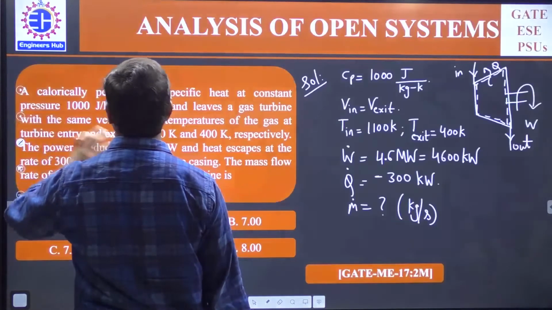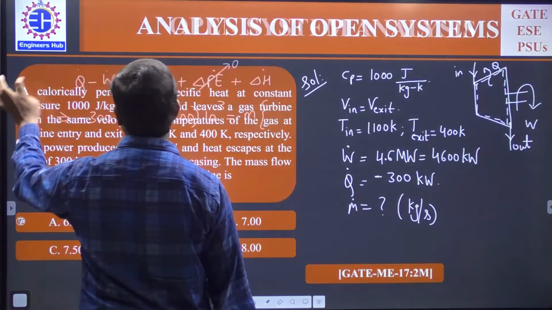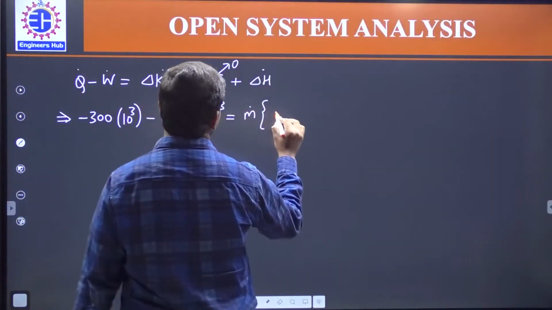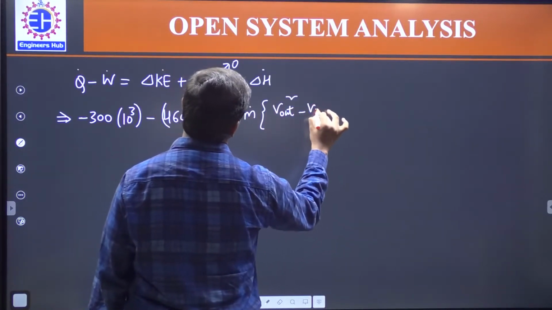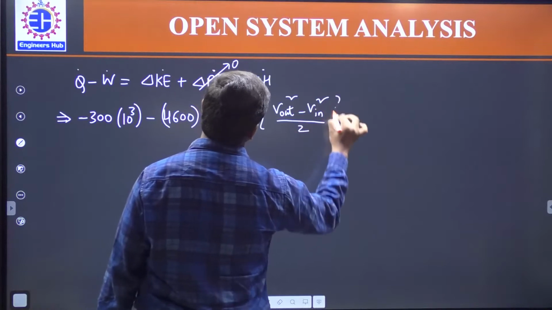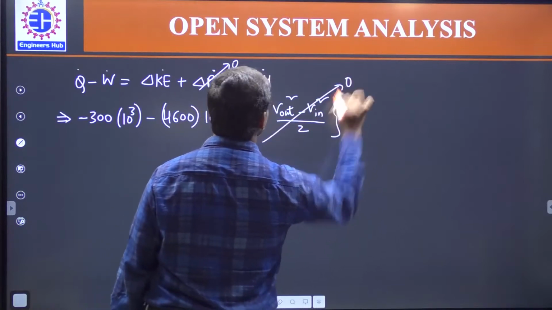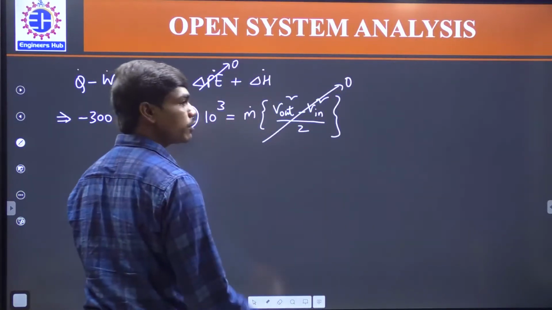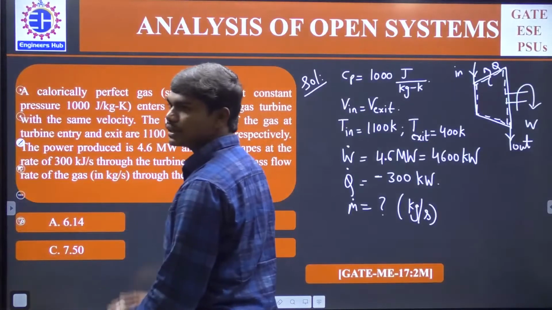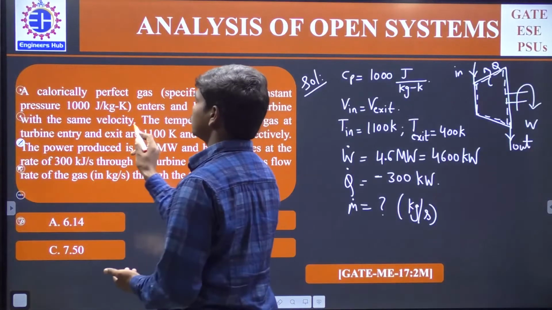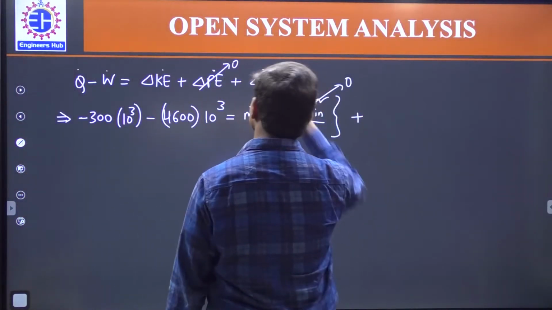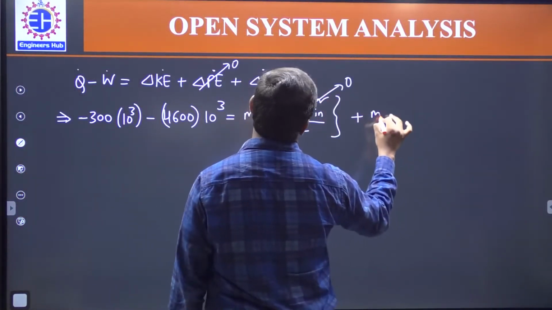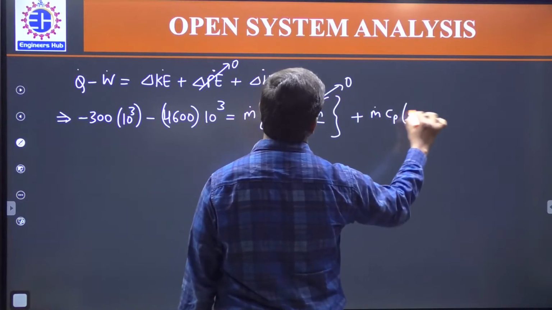Enthalpy changes we can work out, Cp and temperatures are given. So V outlet square minus V inlet square divided by 2, but this term is 0 because V inlet is same as V outlet, as given in the question clearly. Steam is entering and leaving at same velocities. Plus potential changes we already neglected, plus delta H, m dot into Cp into T out minus T in.